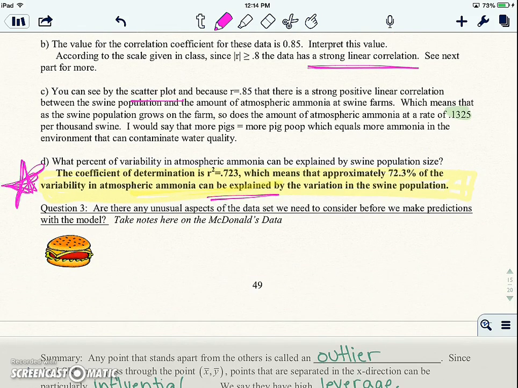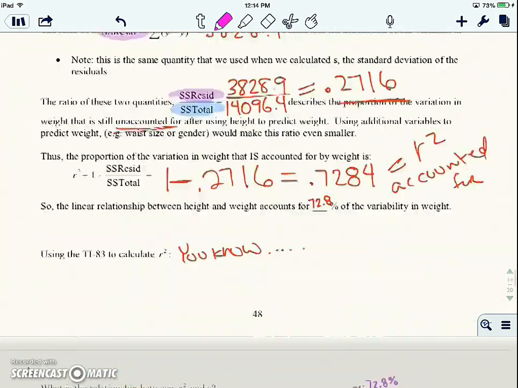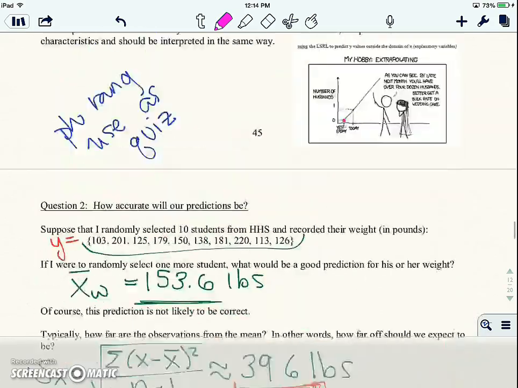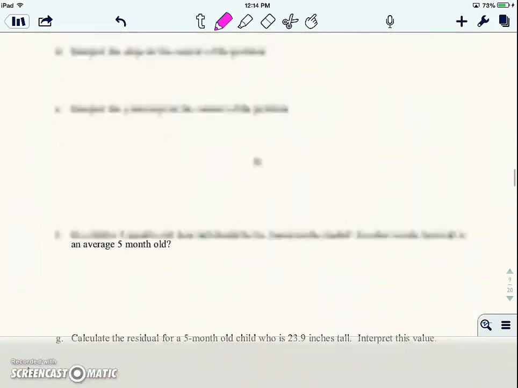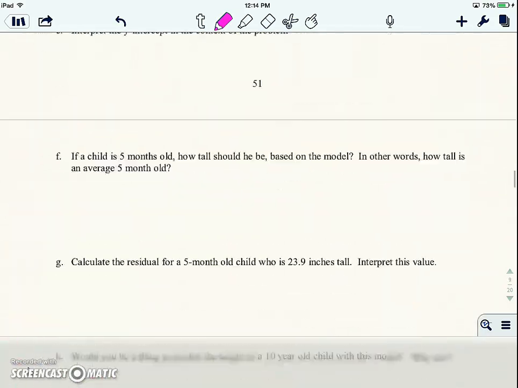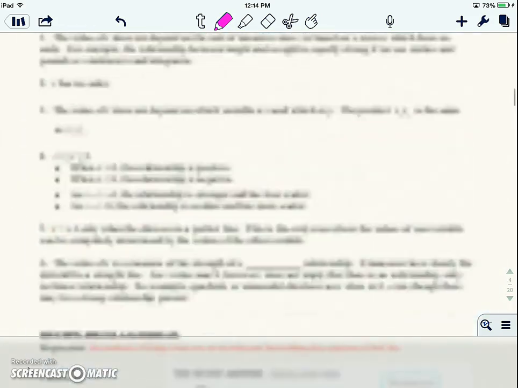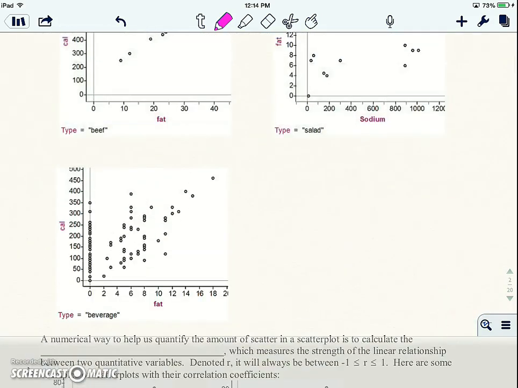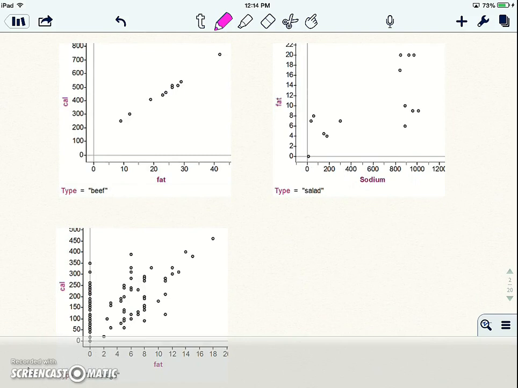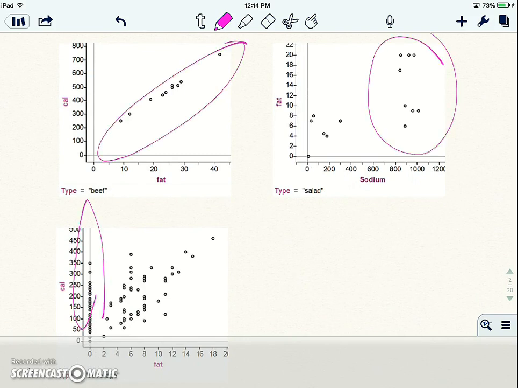Question 3 that we'd ask ourselves: are there any unusual aspects of the data we need to consider before making predictions of the model? I'm going to quickly take you back to the McDonald's data. We may need to consider if we have some clustering going on, if it's a good fit, or if we have two separate sets of data, anything that might be unusual.